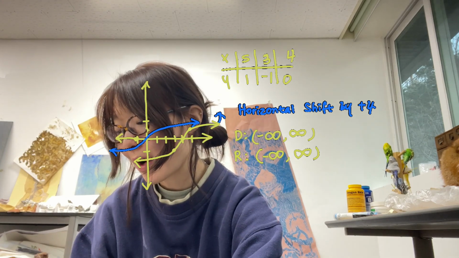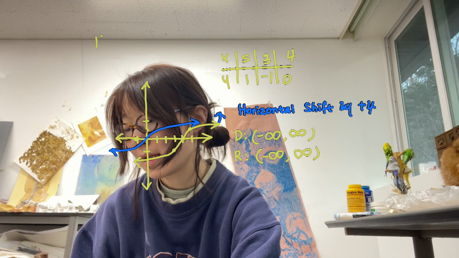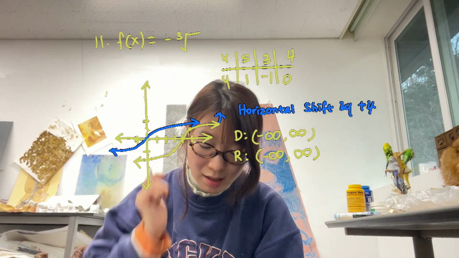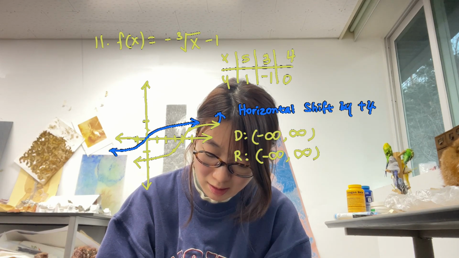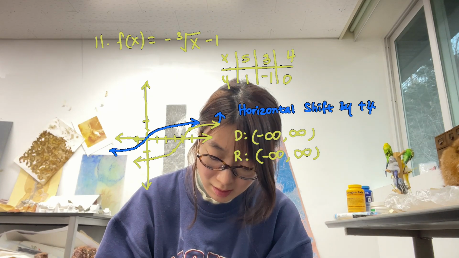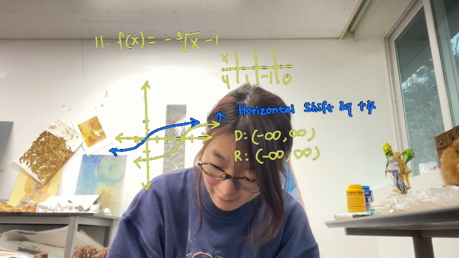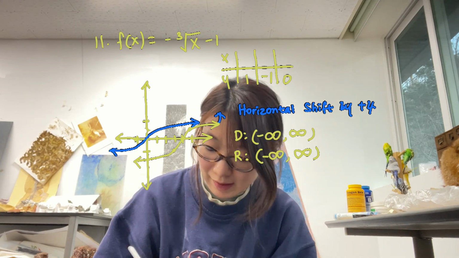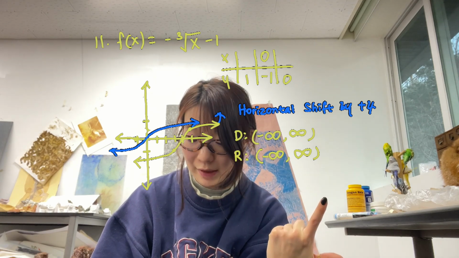But let's go ahead and take a look at number 11. We have negative cube root minus 1. So there is reflection and vertical shift happening.